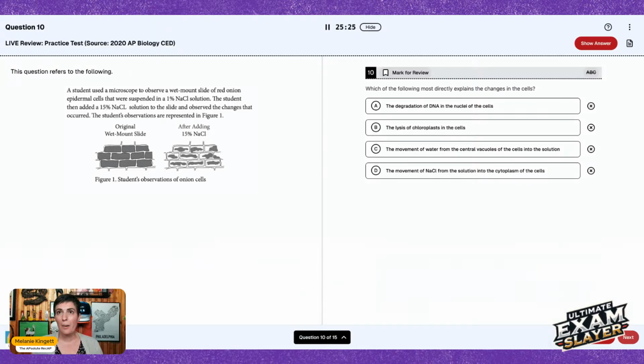If we look at our options here, degradation of the DNA in the nuclei, we have no information about that. That's an assumption. So let's cross that one out. Lysis of chloroplasts in the cells. Lysis refers to cutting or chopping into pieces, so we see that with hydrolysis as an example. C looks to be what I literally just described, so let's choose C. And then D, the movement of NaCl from the solution into the cytoplasm of the cells.